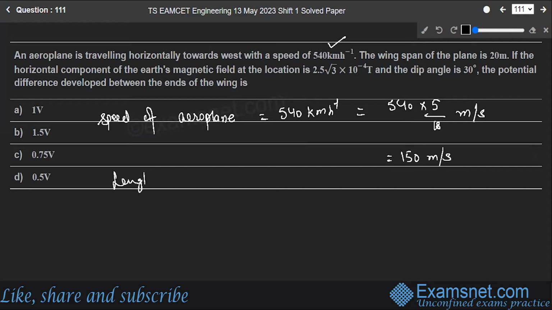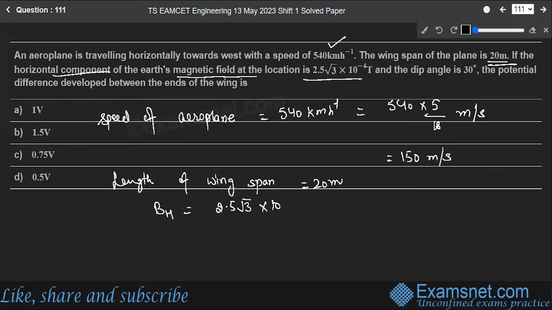Also, length of wingspan is 20 meters. Also, you're given the horizontal component of the Earth's magnetic field. So BH is 2.5 root 3 into 10 raised to power minus 4. Dip angle is 30 degrees, right?